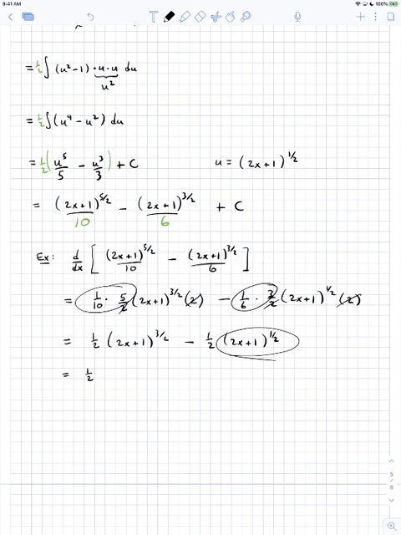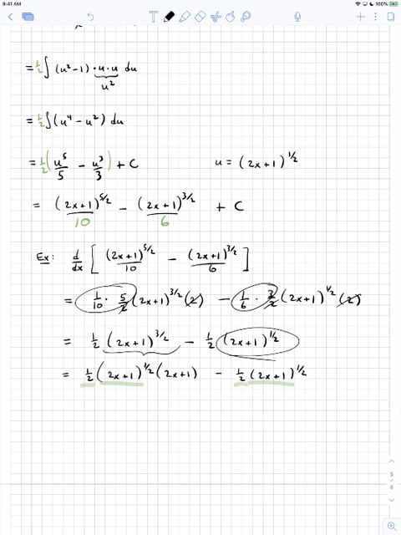Let me rewrite this. This is (2x plus 1) to the 1/2 times (2x plus 1). That's this thing right there, minus 1/2 times (2x plus 1) to the 1/2. So we have a (2x plus 1) to the 1/2 there, and also a 1/2 there and 1/2 there.